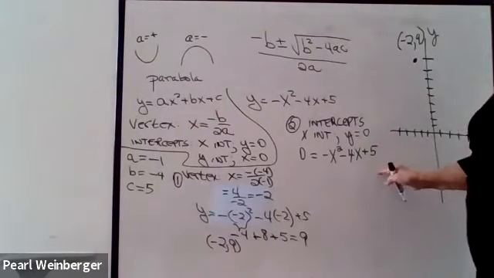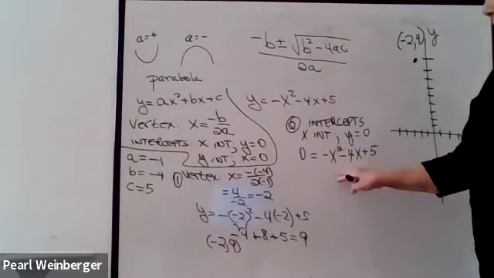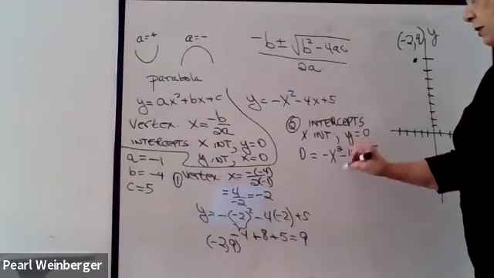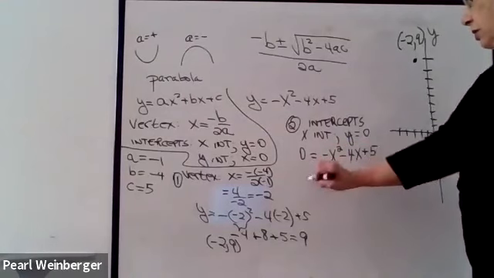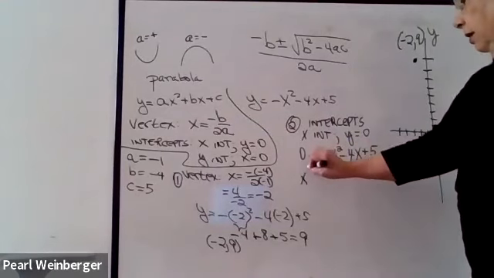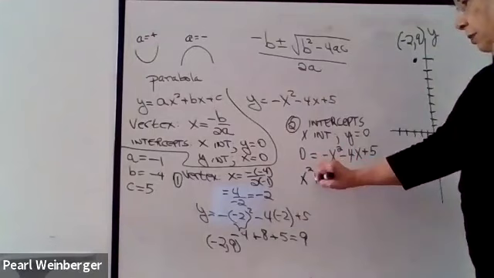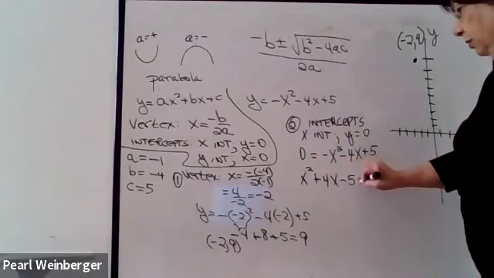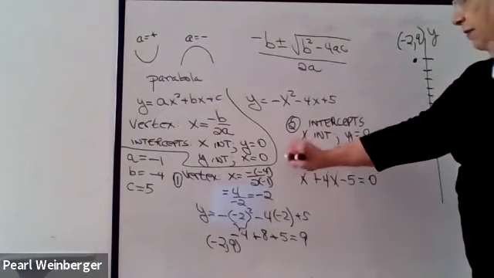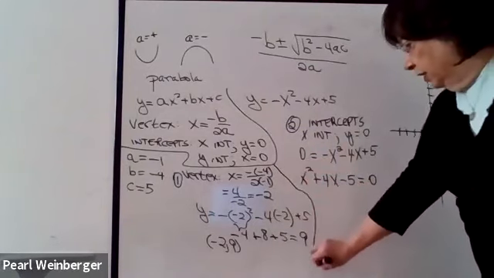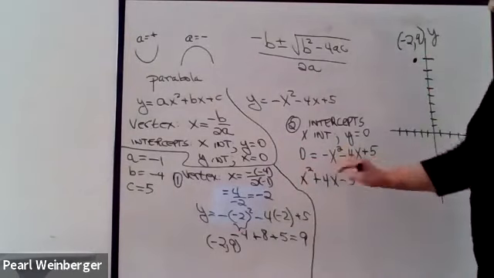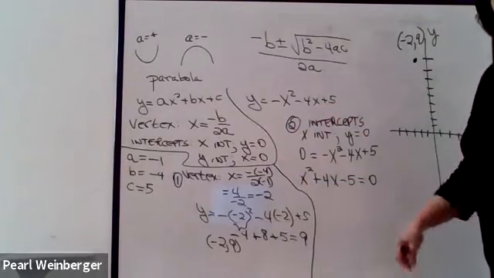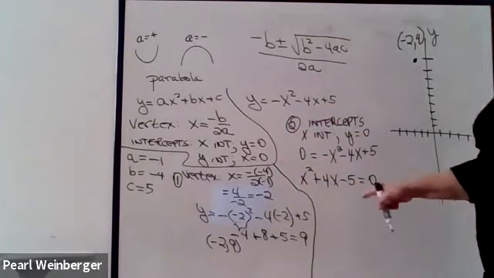And I'm going to bring everything to the other side because this is a quadratic equation and I always like the x squared to be positive. So bringing everything to the other side changes all the signs. So it'll become a positive x squared, a positive 4x, and a negative 5 equals 0. I think everybody can figure out what I did over here. I just literally transposed everything to the other side by changing the sign.